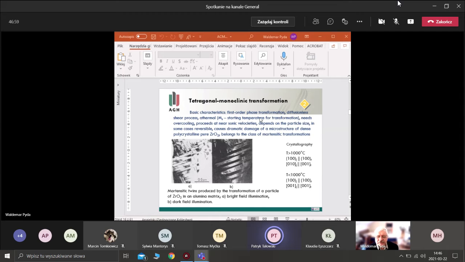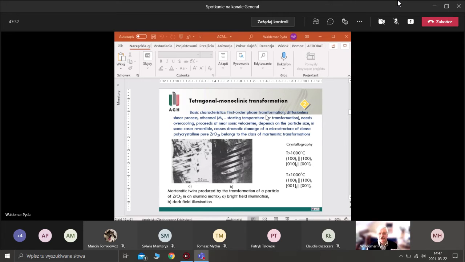Is it that not all of the material is transforming in the martensitic transformation, and there is leftover material from the previous phase? Okay, you say about the not fully transformed grain, yes? Yes, maybe. Sometimes it happens, but typically not.